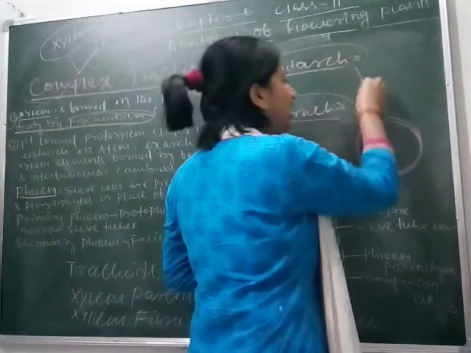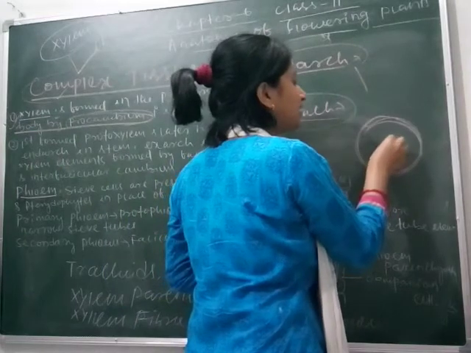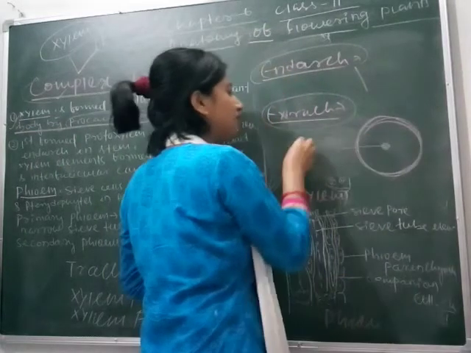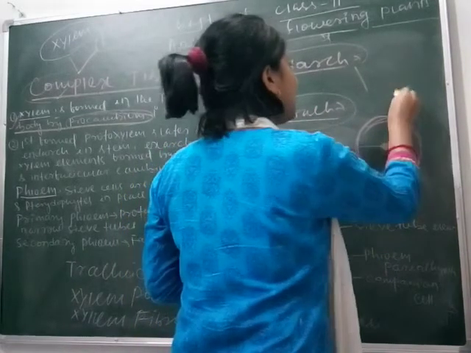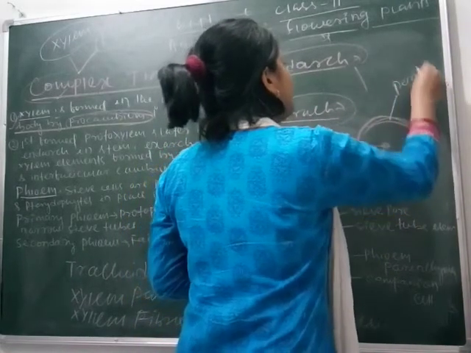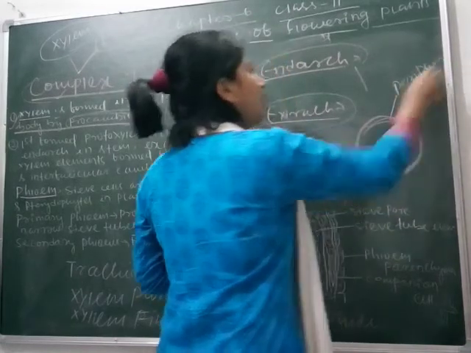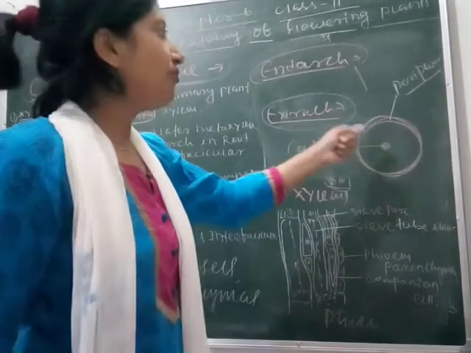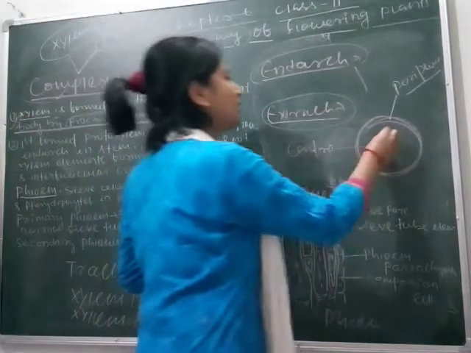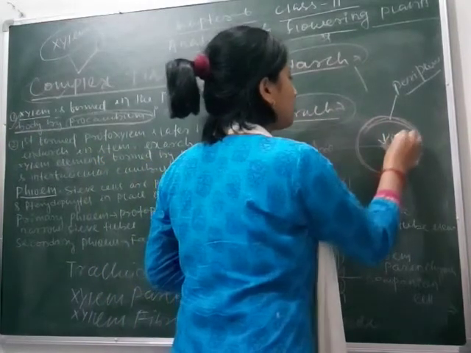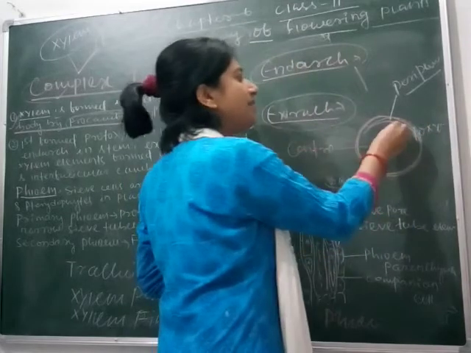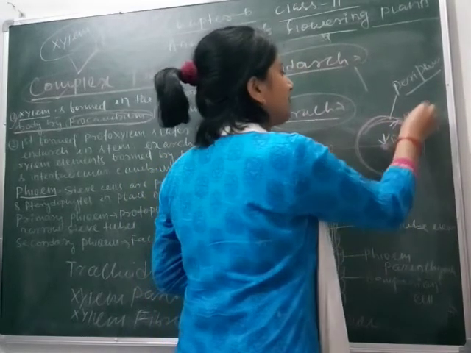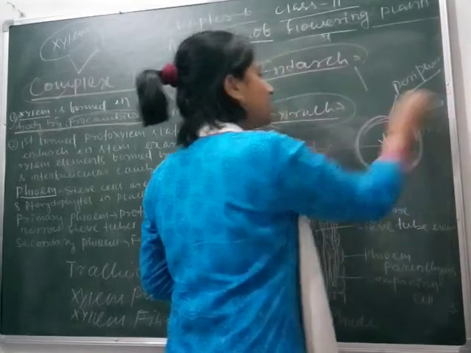In the case of endarch, the protoxylem is towards the center. This part is your center, and this part is your periphery. Periphery means away from the center. So the protoxylem is towards the center and the metaxylem towards the periphery.